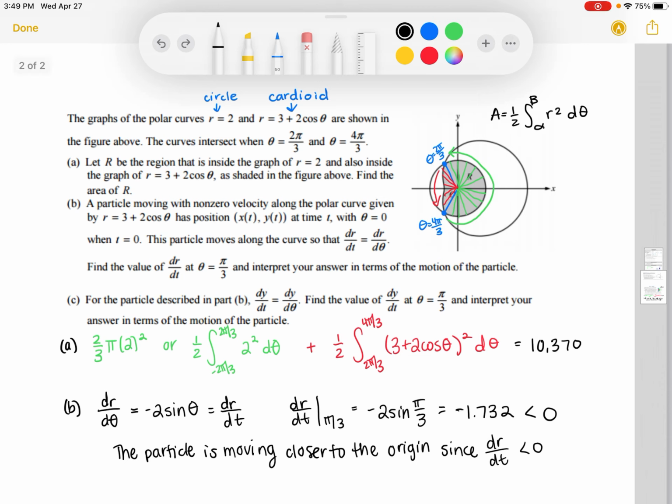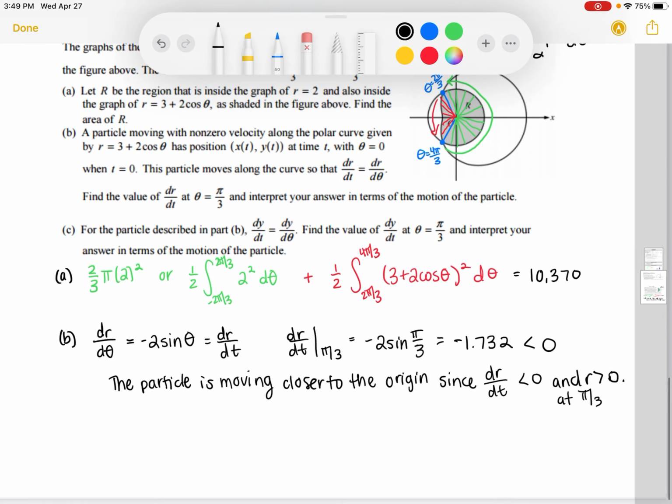Oh, and because the radius is also positive at pi over 3. So that basically means we have a positive radius, but it's getting smaller. So I should write at pi over 3. Okay. So that's a good interpretation.